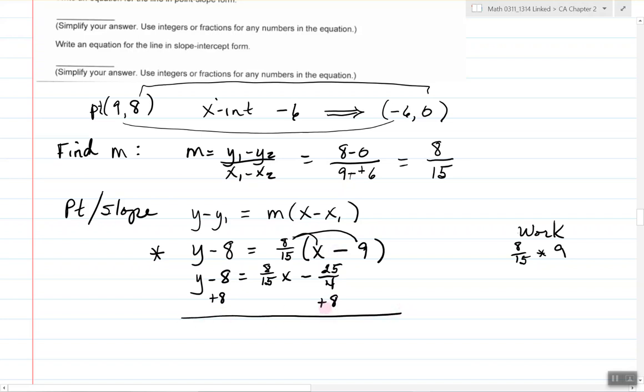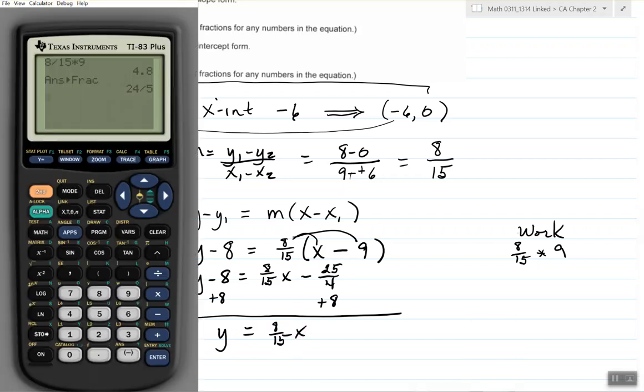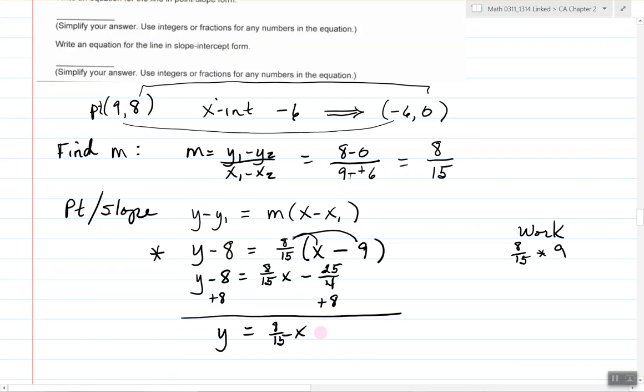Now add 8 to both sides. You can do it by hand, or I'll grab my calculator. Whoops. I have y is equal to 8/15 x. Go back to your calculator, and I have negative 25 divided by 4 plus 8. And it's 2. Plus 2.